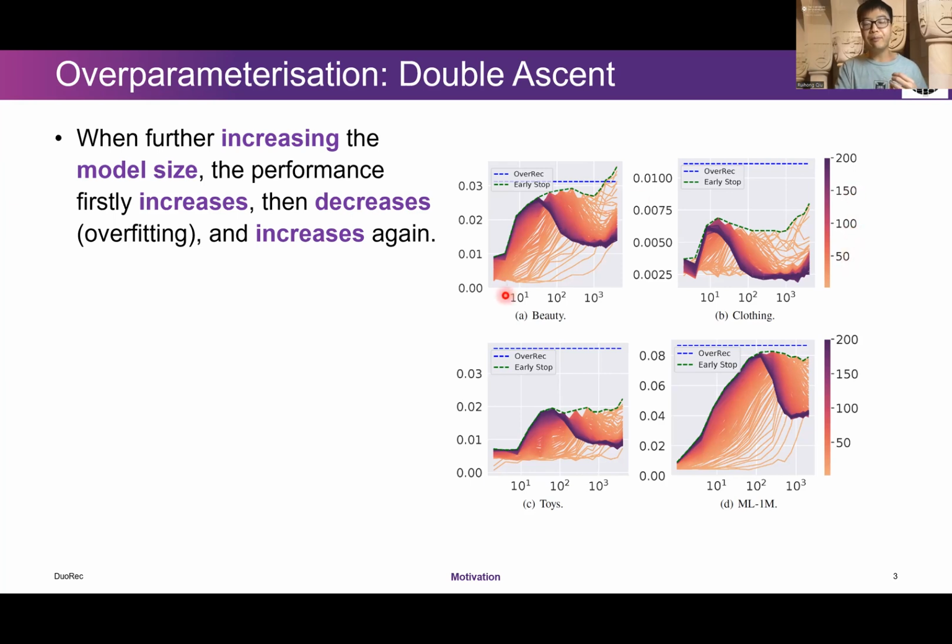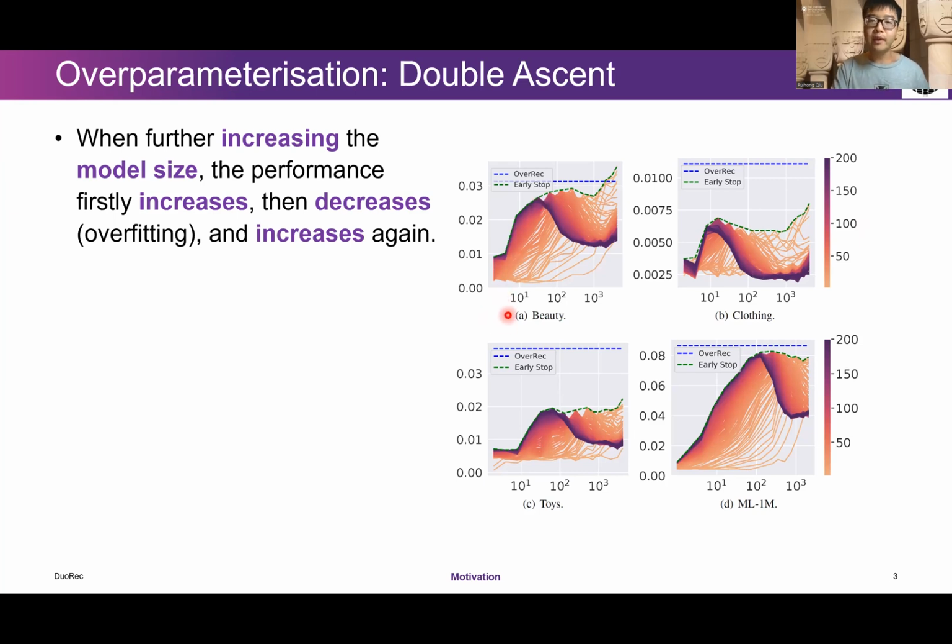The horizontal axis means the model complexity. For example, 10 or 100 or 1000 mean the hidden size of our neural network. The vertical axis means the model performance, and it's the MRR. When the line goes higher, the performance is better.